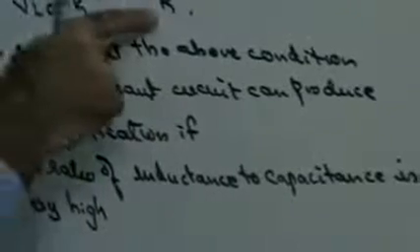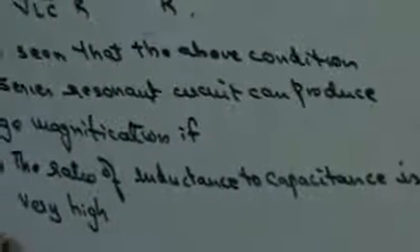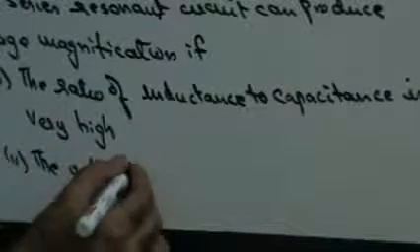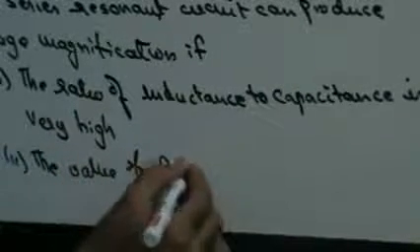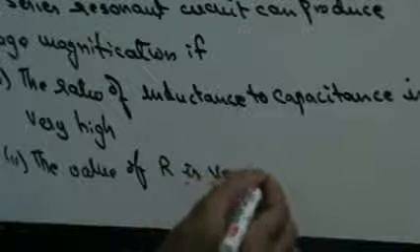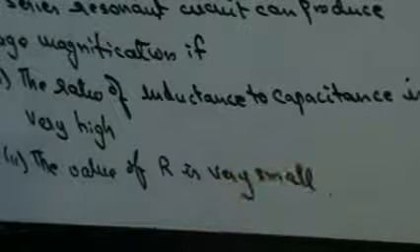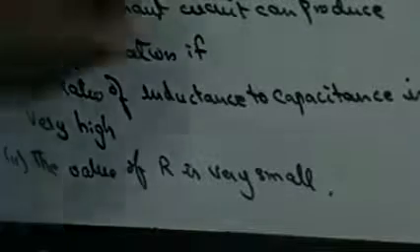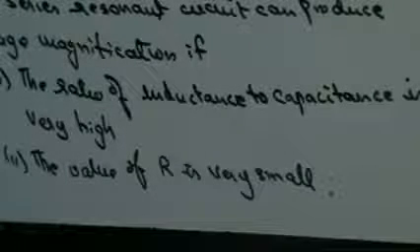Second, the value of R is very small. So these are the factors that produce voltage magnification, right? Now let's see the vector diagram for an LCR circuit.